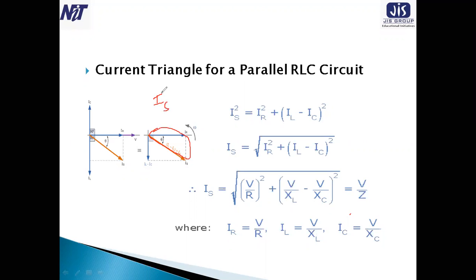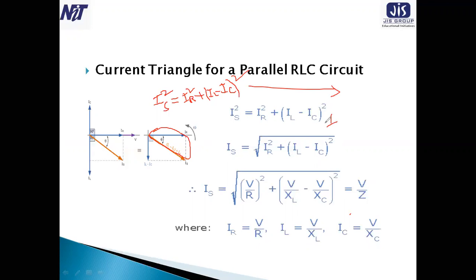IS is the resultant current, that is equal to IR square plus (IL minus IC) whole square.